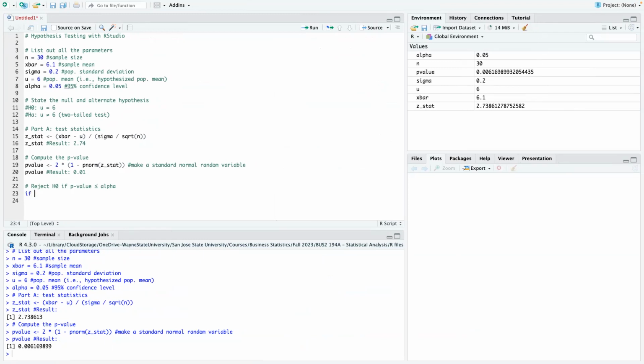So let's say if p-value is less than or equal to alpha, we print, we reject H0. Else, print, do not reject H0.